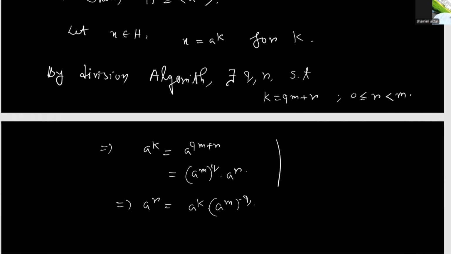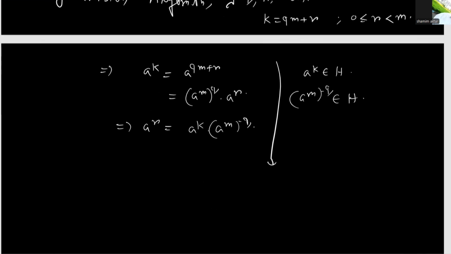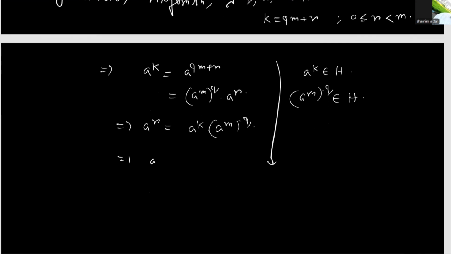Also A to the power k belongs to H, and A to the power m to the power minus q also belongs to H. So this implies A to the power r belongs to H, where r lies between 0 and strictly less than m. Which is a contradiction.